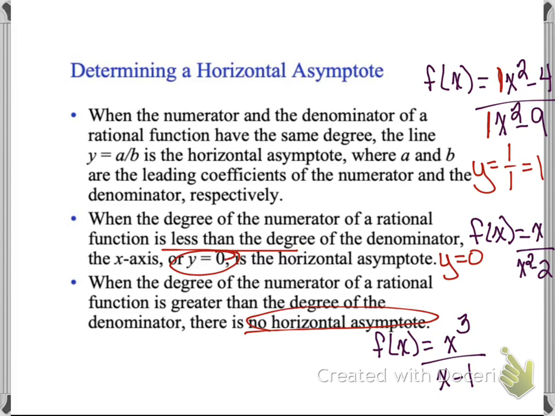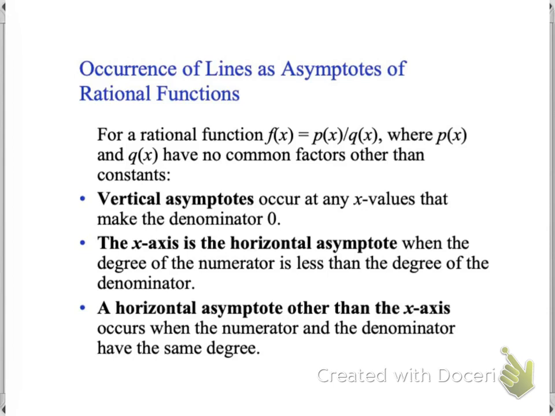Okay? Can I go to the next screen? Okay. For a rational function p of x over q of x, that just means it's rational, where you've got x in the numerator and x in the denominator.